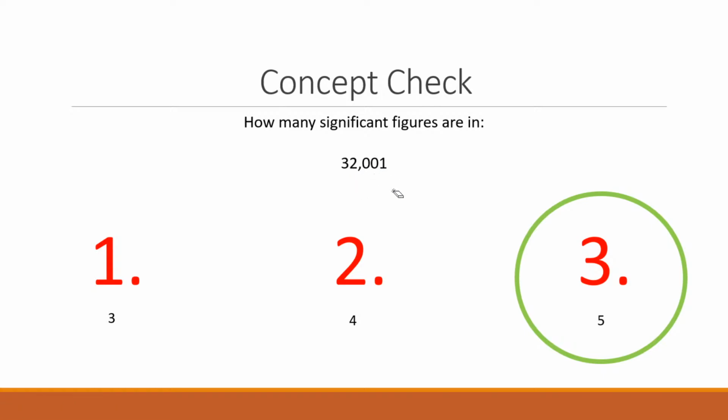Right? All of these digits are part of my measurement, whether that measurement is dollars or people or centimeters or miles or liters. No matter what unit I choose to use here, this is a measurement that has exactly 5 measured digits.